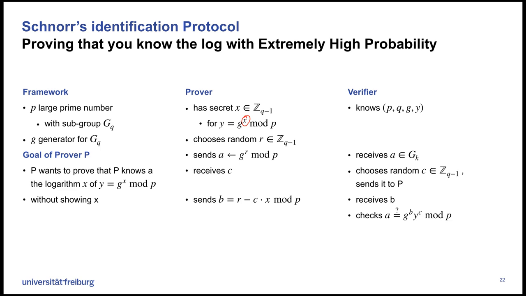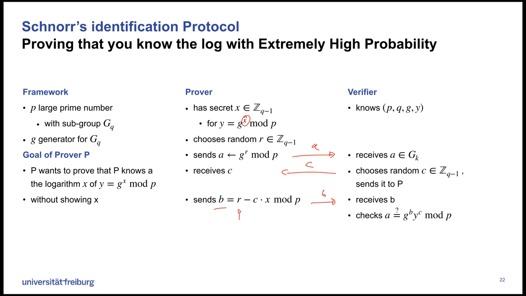This is called a sigma protocol, because what you have is you send some commitment to some random number A, then you get a challenge C, and then in the end you send an exponent B, which is dangerous, but it's not dangerous because you have this random commitment to R, which produces a random output here.